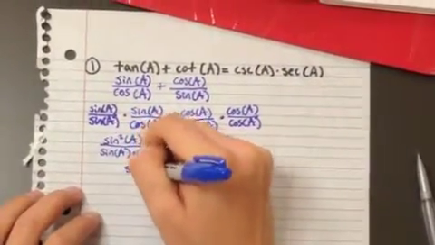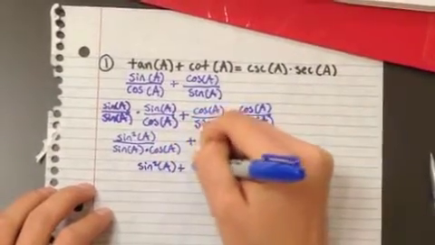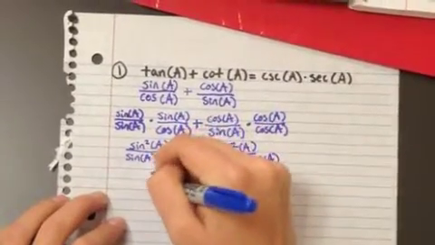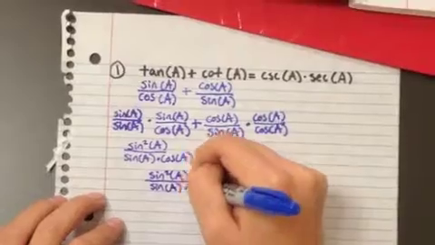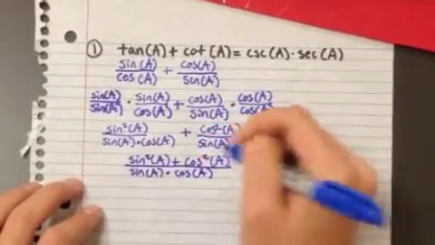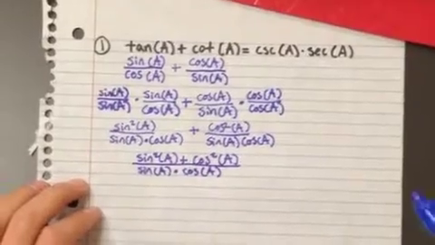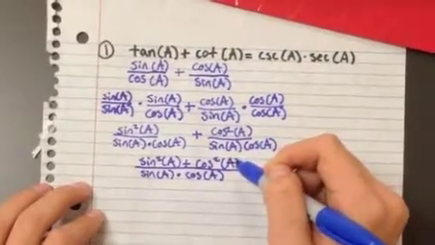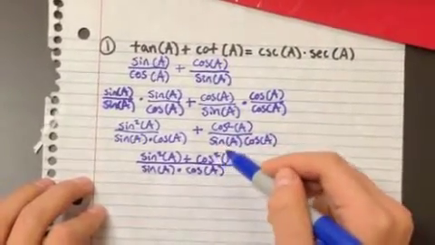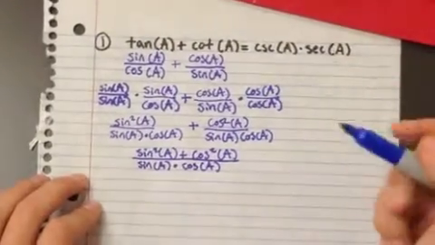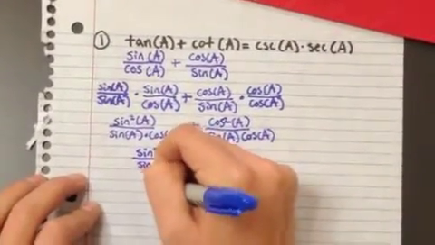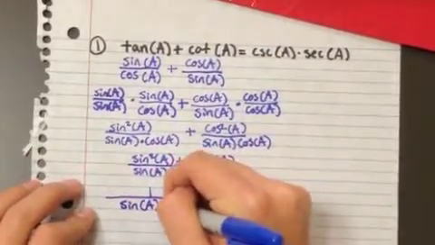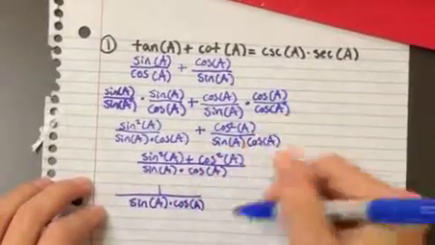So sine squared of A plus cosine squared of A, all over sine of A times cosine of A. Now using the Pythagorean identity, we can substitute sine squared of A plus cosine squared of A with 1, because it is equal to 1 according to this Pythagorean identity. So 1 over sine of A times cosine of A. So now we're basically done with this side.